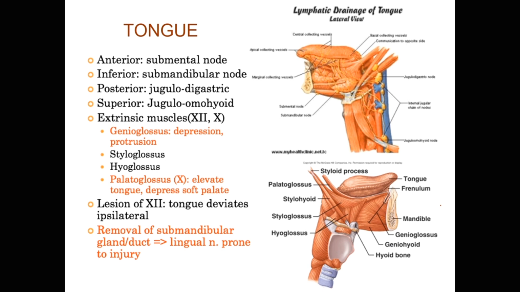However, the one exception to this is that palatoglossus right there. See how it has that X? That's going to be your cranial nerve 10. So vagus actually controls your palatoglossus, which elevates the tongue and depresses the soft palate. But all the other ones are going to be your cranial nerve 12. Genioglossus, styloglossus, and hyoglossus. Glossus just means tongue, so when you see that, except for palatoglossus, know that it's cranial nerve 12.